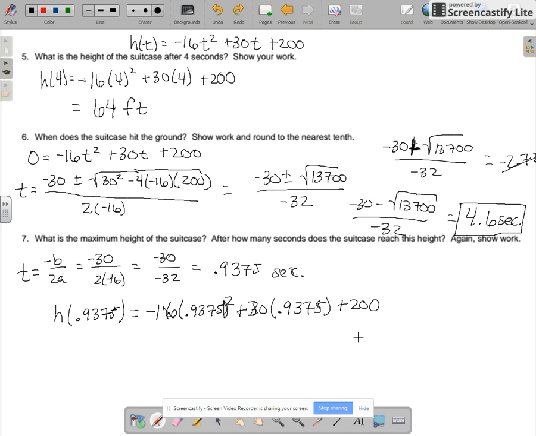When you simplify that and get your answer, it should be 214.0625. And again, we were trying to find height, so feet. So after 0.9375 seconds, the suitcase reaches its maximum height of 214.0625 feet. Again, if you have questions as you were working through these, please ask.